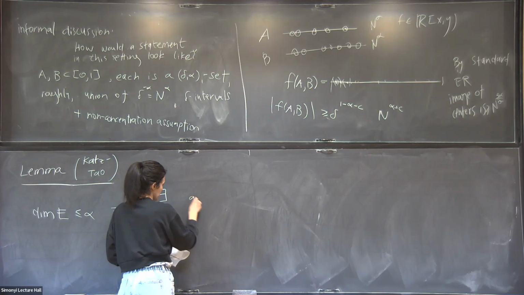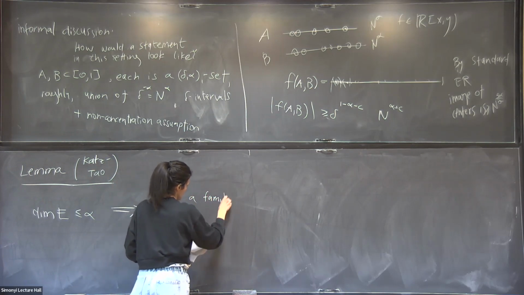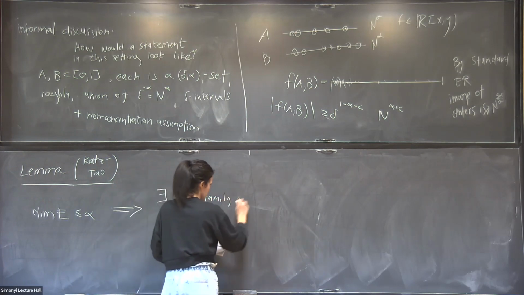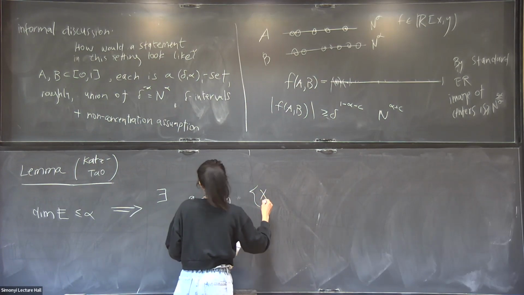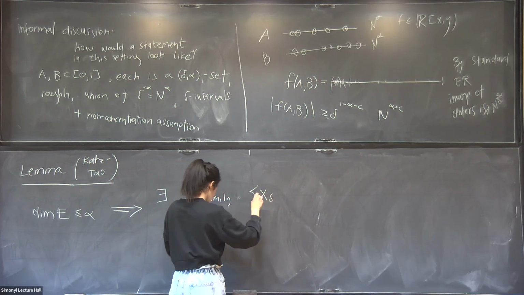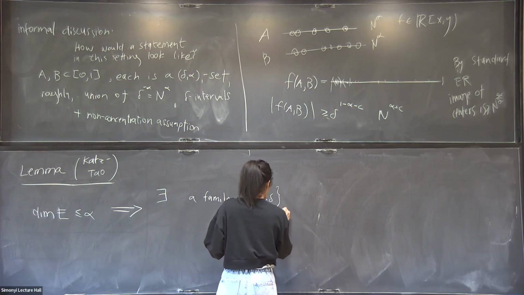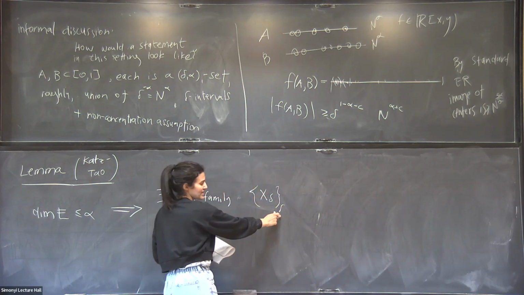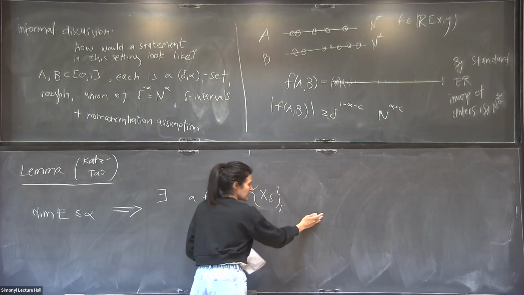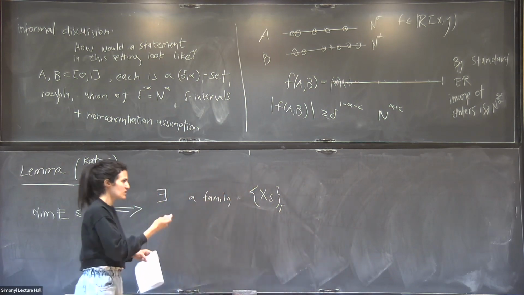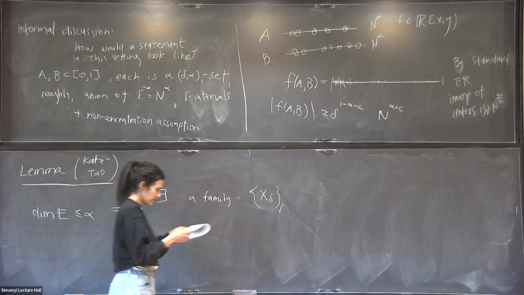So there exists a family X_delta, where delta, so they show it when delta is hyperdyadic, they define what it means. You can think about delta dyadic as some sequence of deltas that go to 0.